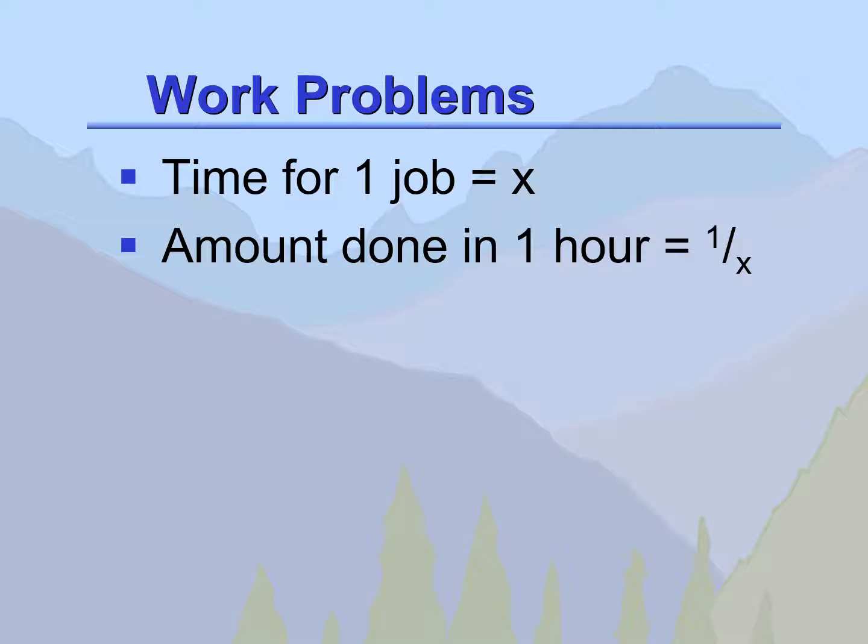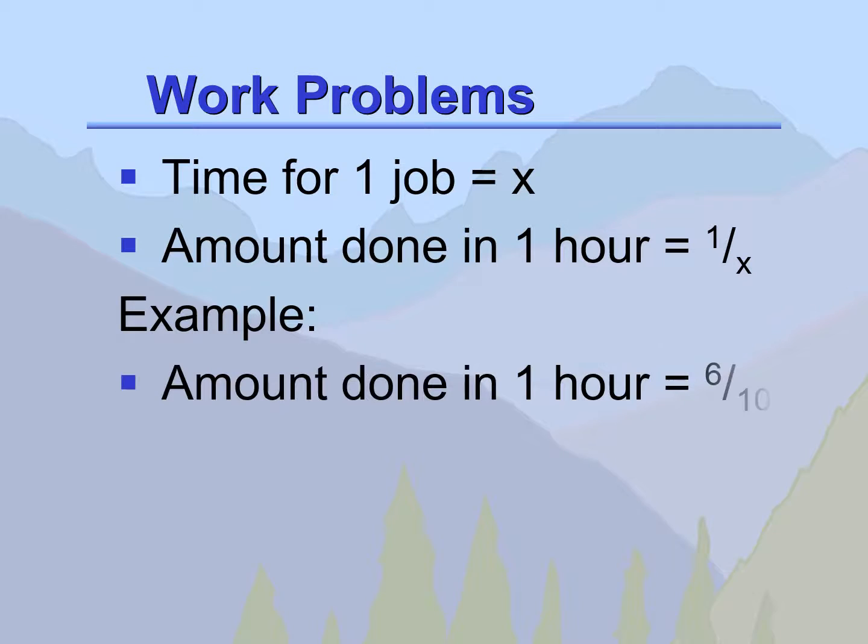The amount done in 1 hour would be represented by 1 over X. So when we set up our equations, that's what we're going to use for that part of the equation. The amount done in 1 hour is represented by 1 over X, where X is equal to time for one job.